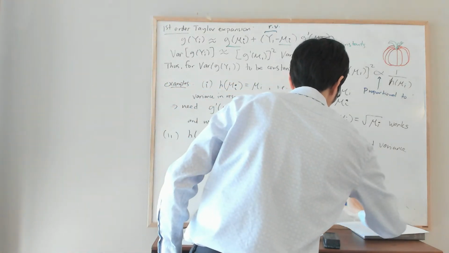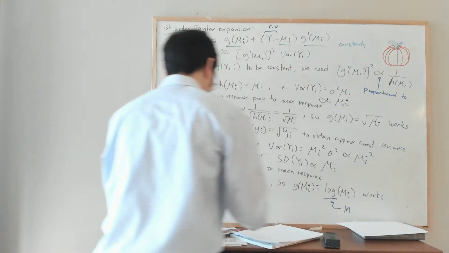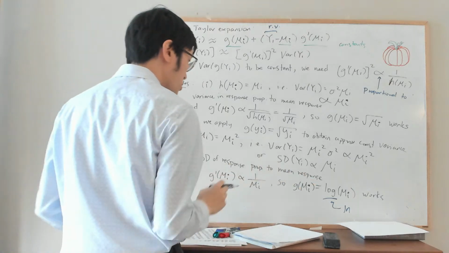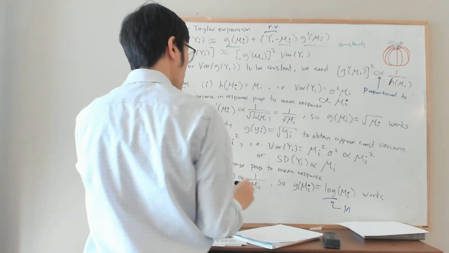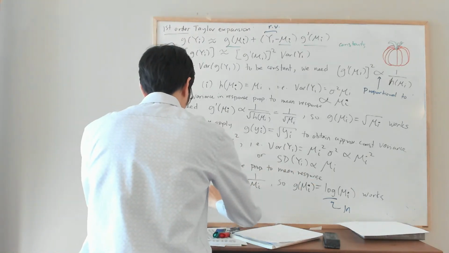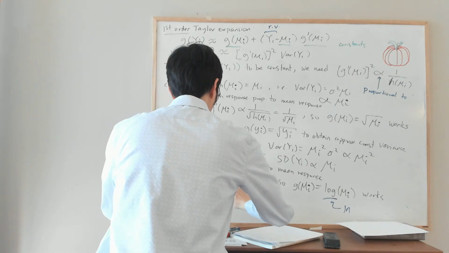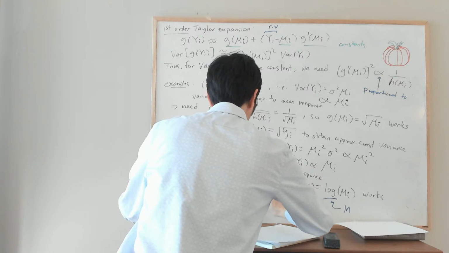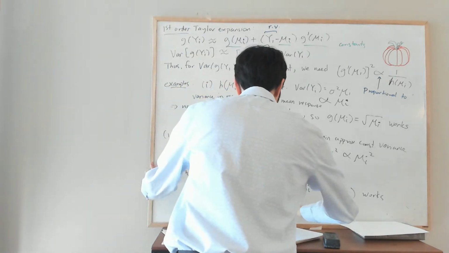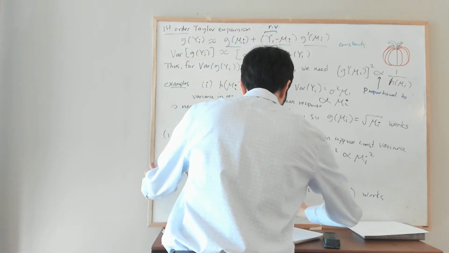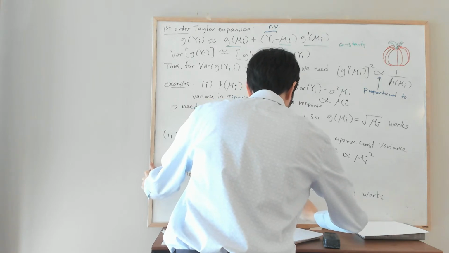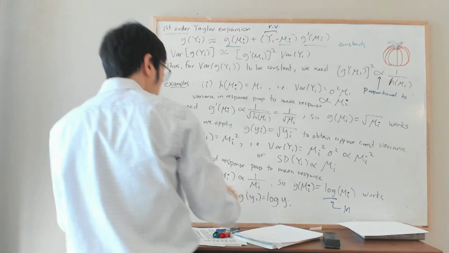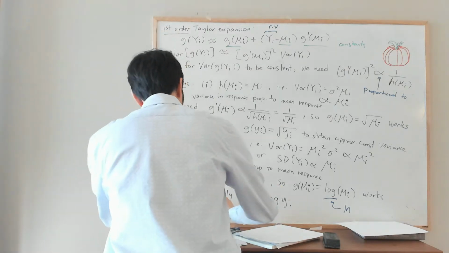Just to be clear. And so we apply the transformation g of yi equals the natural log of yi. In this case, the log transformation stabilizes the variance.